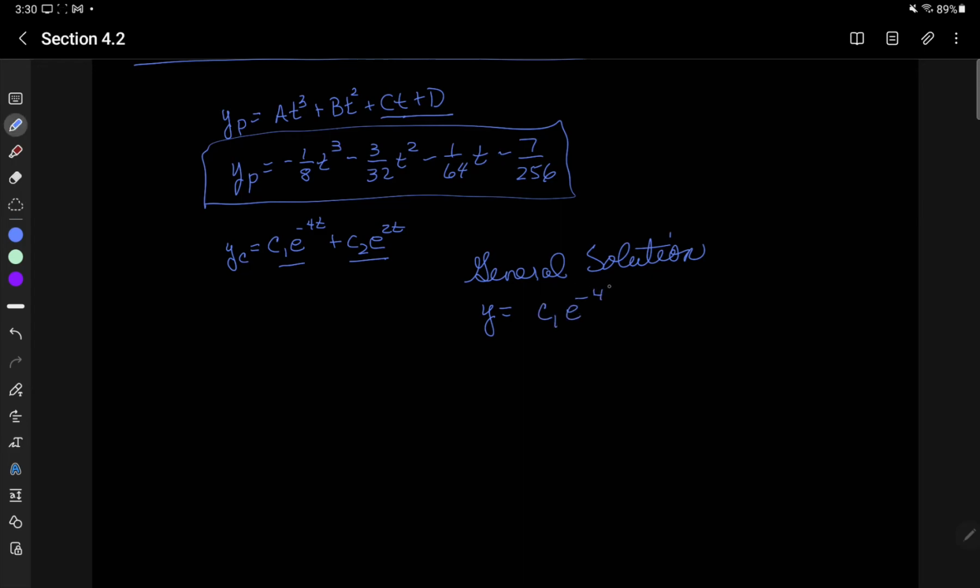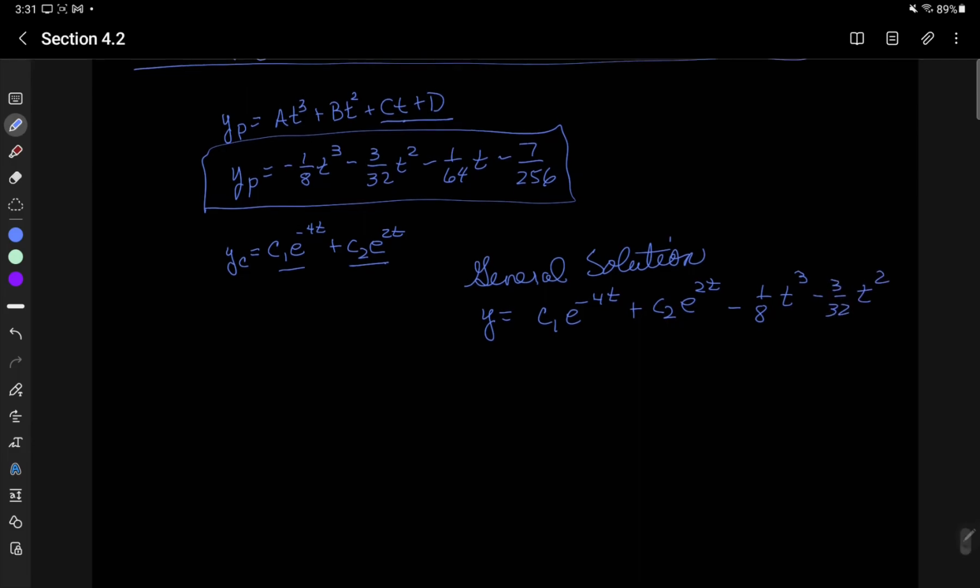c1 e to the negative 4t plus c2 e to the 2t minus 1/8, not an e, t to the third minus 3 over 32 t squared.